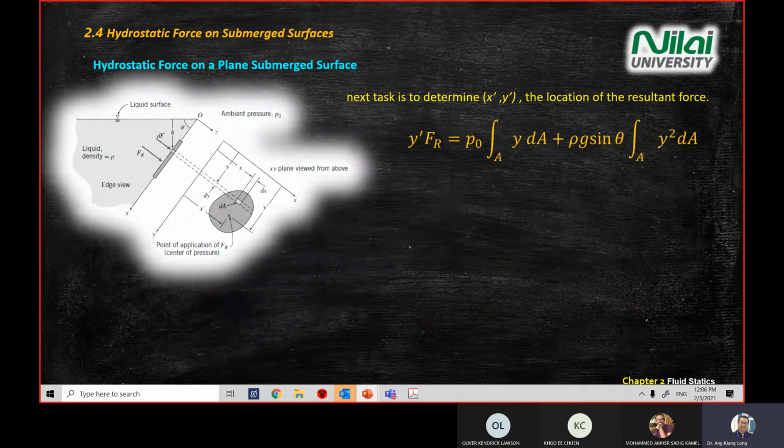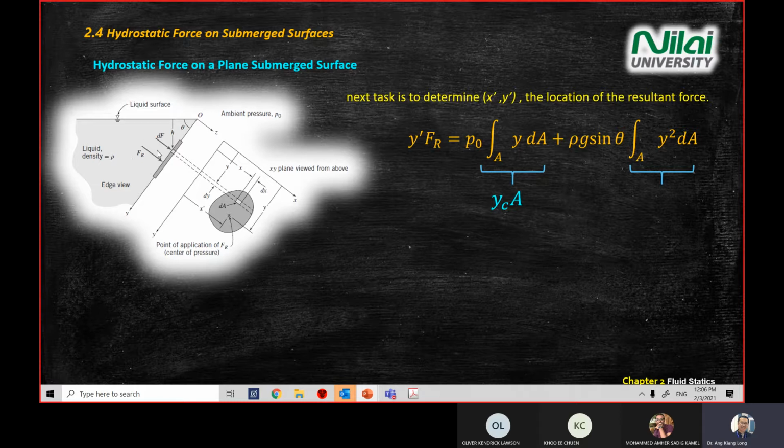And then we have also covered how to find the location of the resultant force. Where is your y prime and x prime? Y prime, x prime will give you the location of your resultant force. Why is this location important?